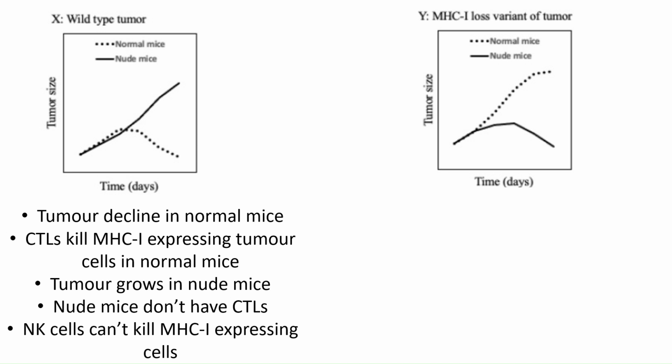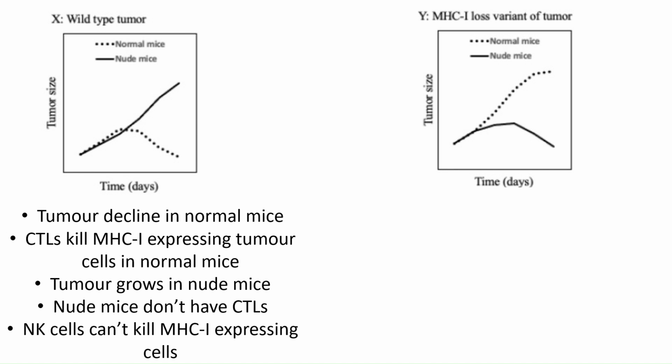That's why we can see that in normal mice, the tumor size keeps increasing as the time goes by. Whereas in the nude mice, the natural killer cells kill these tumor cells because they are not expressing MHC1 molecules.